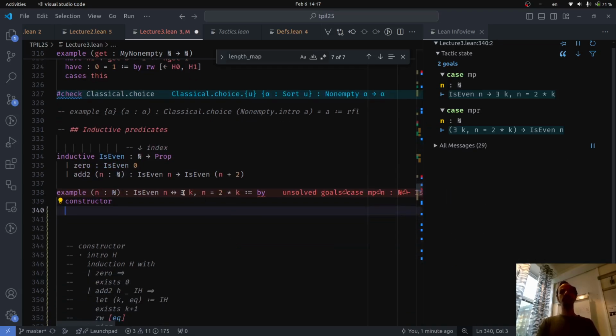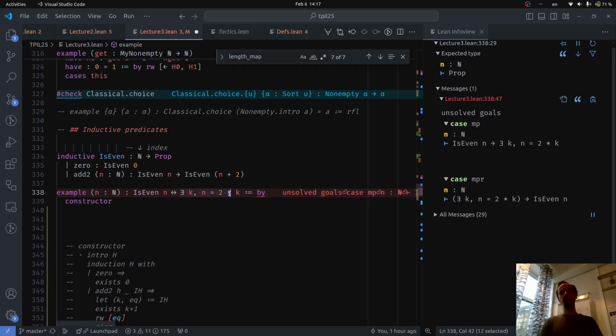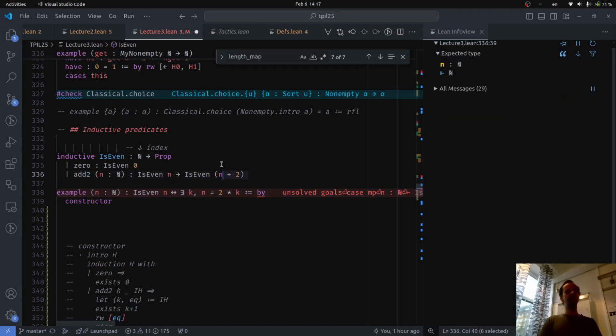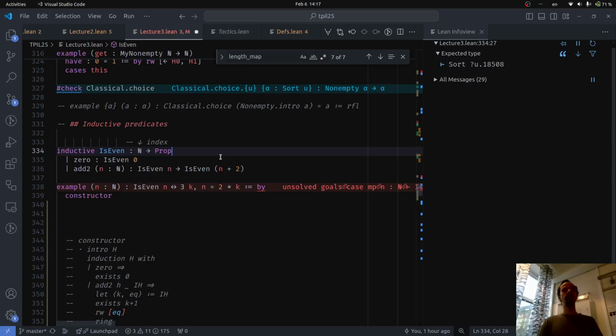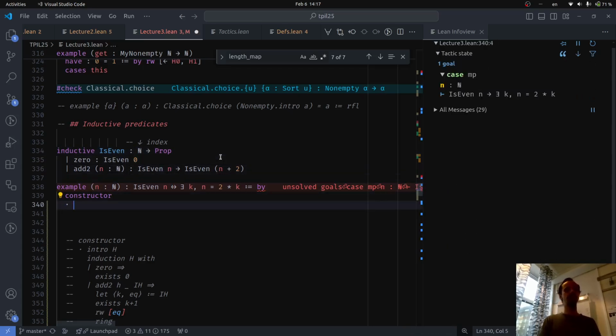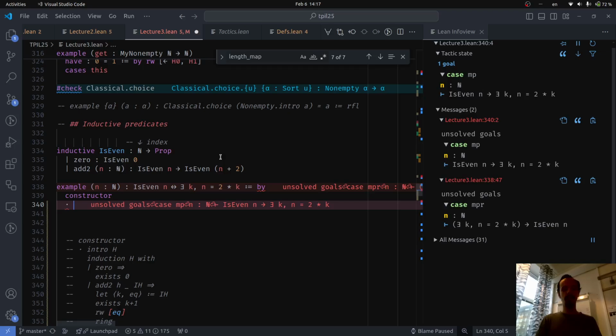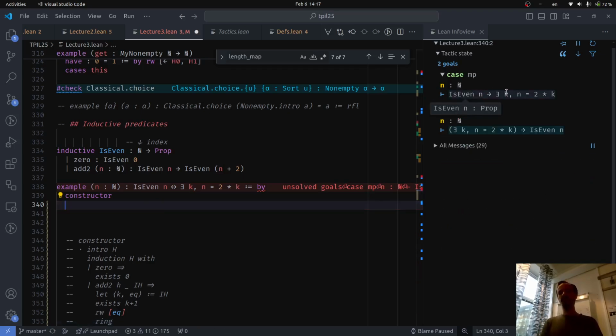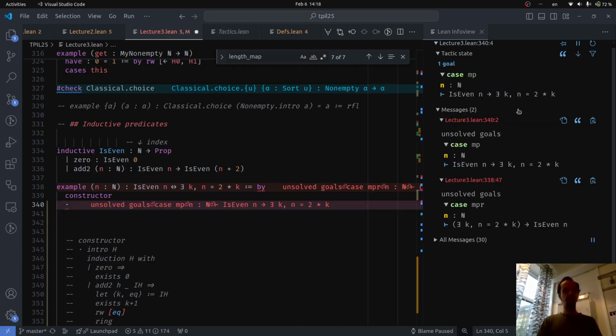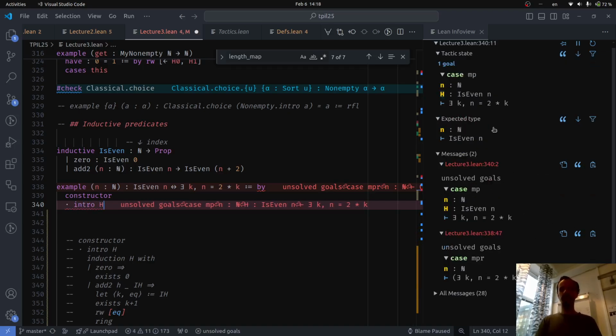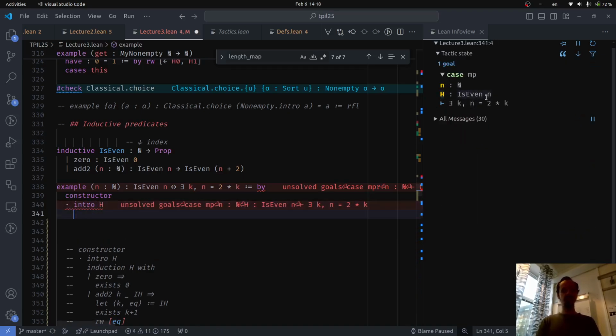This is the normal way that people write even, but we've defined this funny inductive type, and we want to prove that it's really classifying the same thing. So we have two goals. One of them is to prove IsEven implies this exists, and the other one is exists implies IsEven. In the first case, we have an implication, so we can introduce it, and then we can do induction on it, because it's an inductive type.